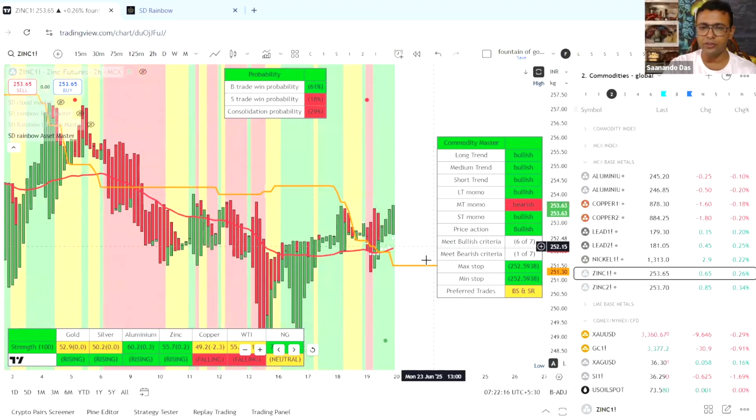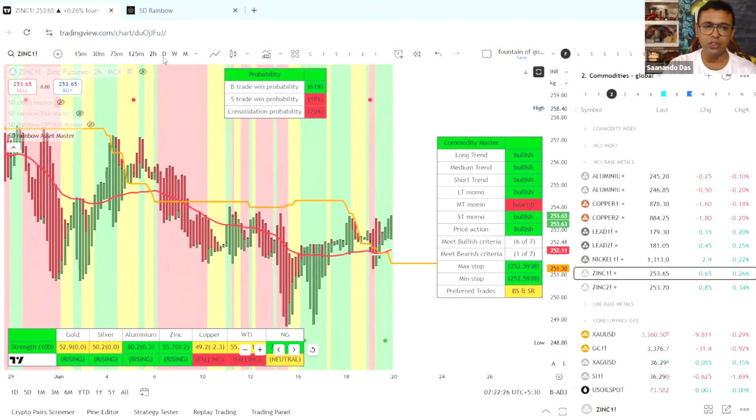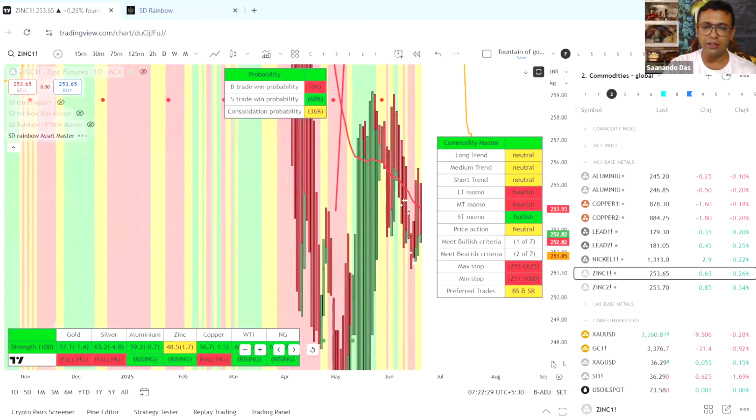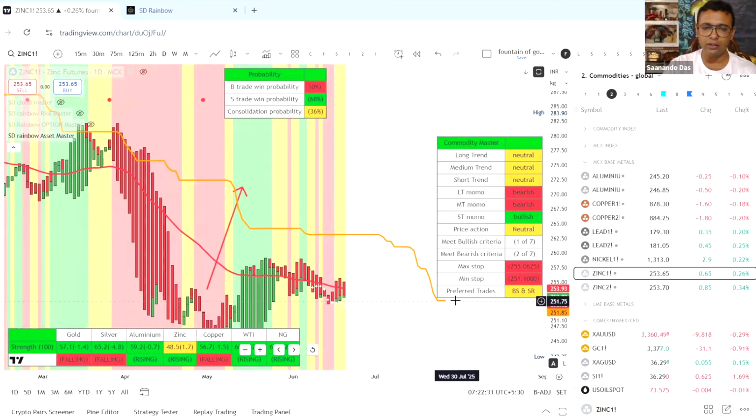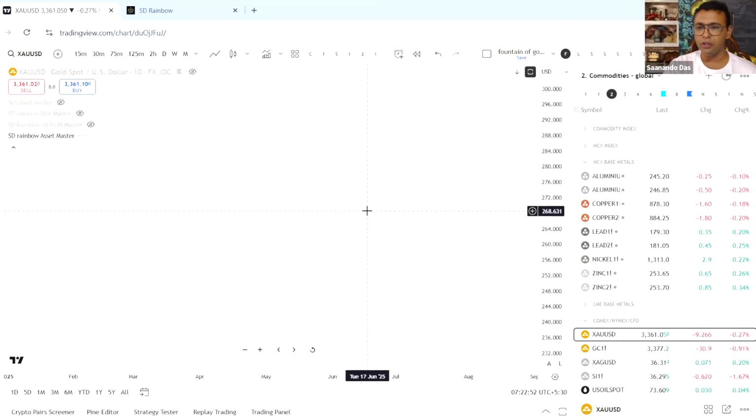Zinc tough resistance, लगता है रेंज बाउंड रहने का चांस है बिटवीन 250 एंड 255. फर्दर 255 के ऊपर जब ब्रेक आएगा देन जिंक में टर्न स्ट्रॉन्ग. जिंक का डेली चार्ट इट्स रेंज बाउंड चार्ट. नीचे का सपोर्ट एज आई से 250 के पास. मेन अपर रेजिस्टेंस 263 बट इंटरिम रेजिस्टेंस 256.55.9 इसीलिए 256.